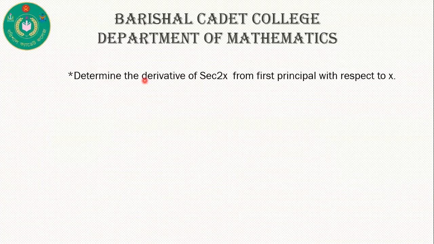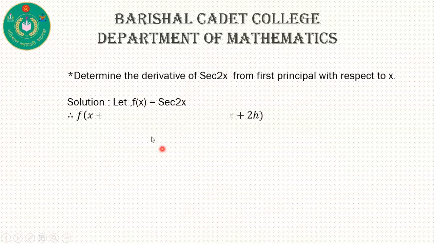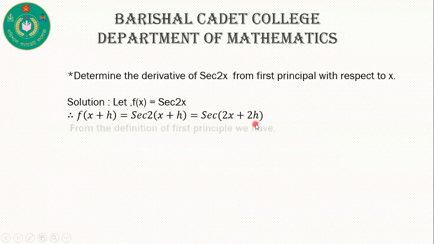Now determine the derivative of sec 2x from first principle with respect to x. In the same way, let f(x) = sec 2x. Putting x = x + h, we can write f(x + h) = sec 2(x + h), that means sec(2x + 2h).